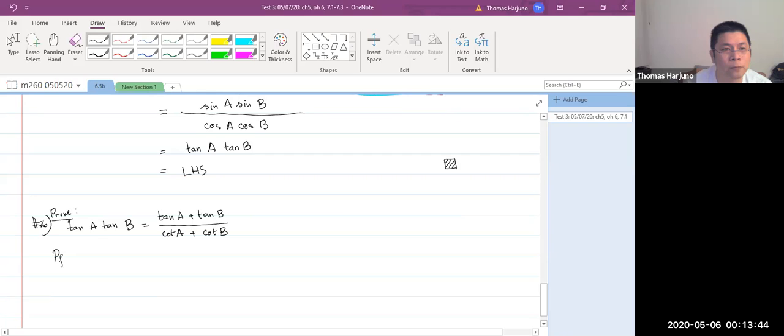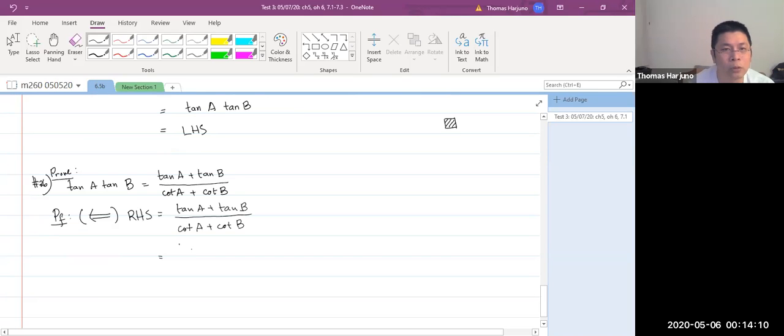Right-hand side, I get tangent A plus tangent B over cotangent A cotangent B. Then on the denominator only, I change those cotangents into 1 over tangent. So this is 1 over tangent A plus 1 over tangent B.